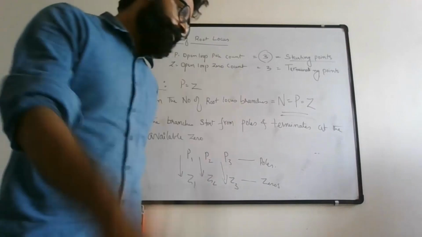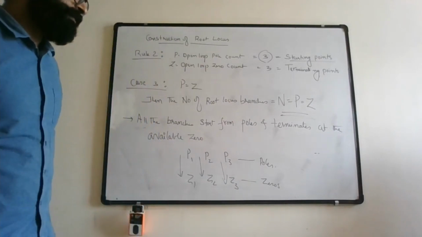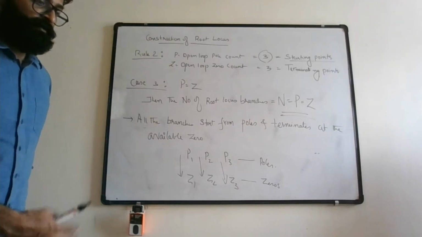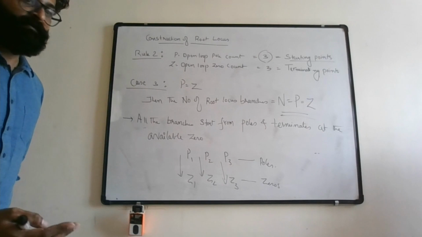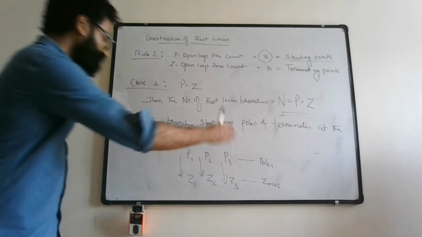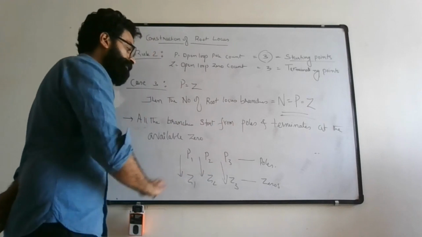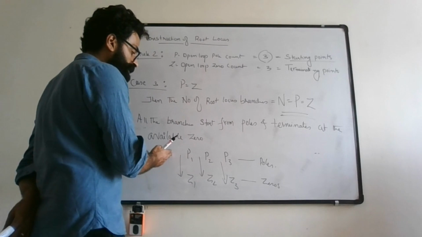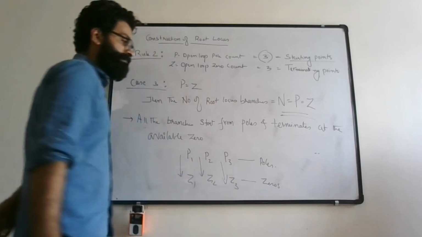So there is no extra branch left out, as in the previous cases, where you may have P minus Z left out branches or Z minus P left out branches. In this case, you don't have any surplus branches. For every starting point, you get a terminating point.